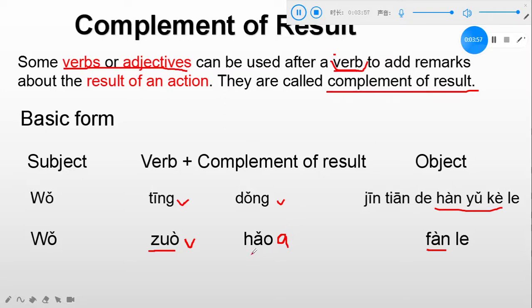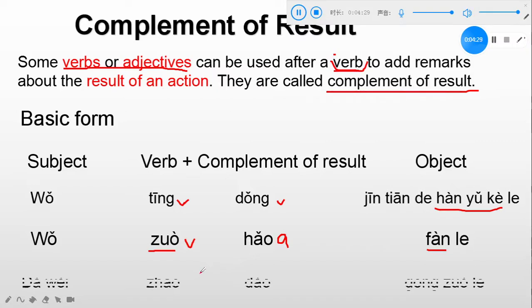So here the adjective is a complement of the first verb, which means do something well. So I made the meal well, which is equivalent to I finished the cooking. Okay. The translations, there are many. You can translate the sentence as you like. But here, 做好, the direct translation is do something well.